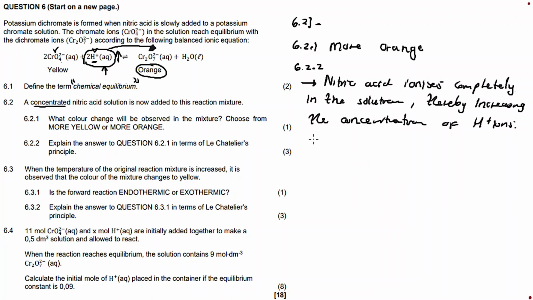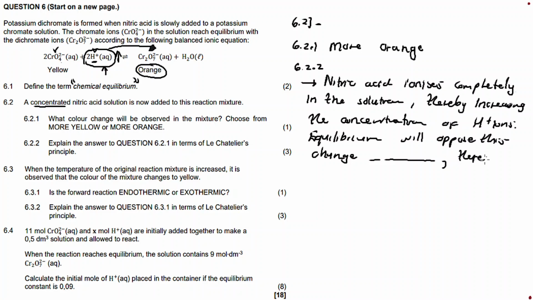Therefore, equilibrium will oppose this change according to Le Chatelier, therefore favoring the forward reaction, and then it decreases the concentration of hydrogen ions.